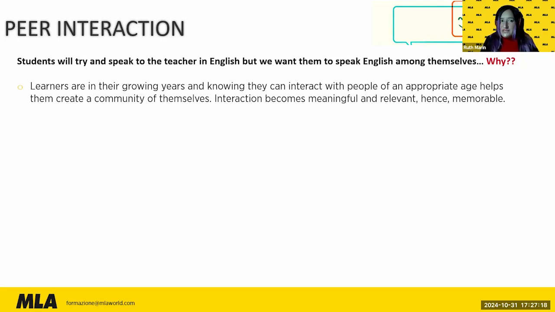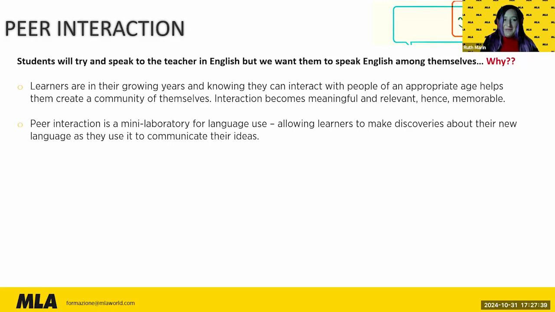I'm going to rush through this a little bit, but basically, these learners are growing, and interacting with someone who's your age is always very communicative. You have something to talk about, you have someone who understands where you're coming from, and then it becomes meaningful. And if learning and communication is meaningful and relevant, then it's memorable, because we want to enhance that memory.